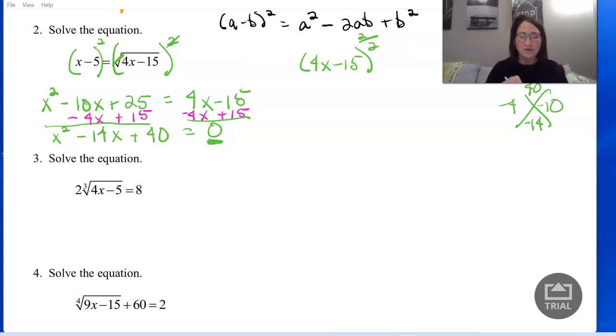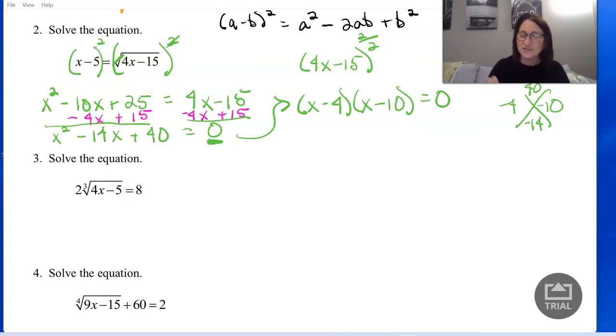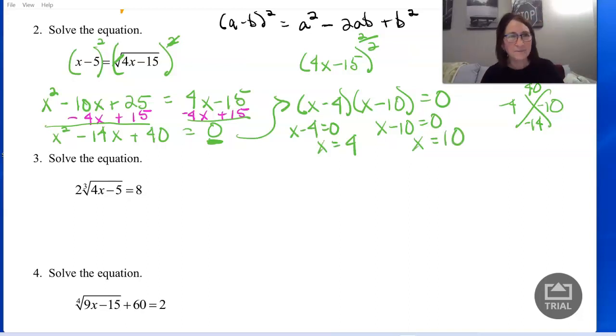There we go. So that's going to give me x minus 4, x minus 10 equals 0. So x minus 4 equals 0, x minus 10 equals 0, x is equal to 4, x is equal to 10.